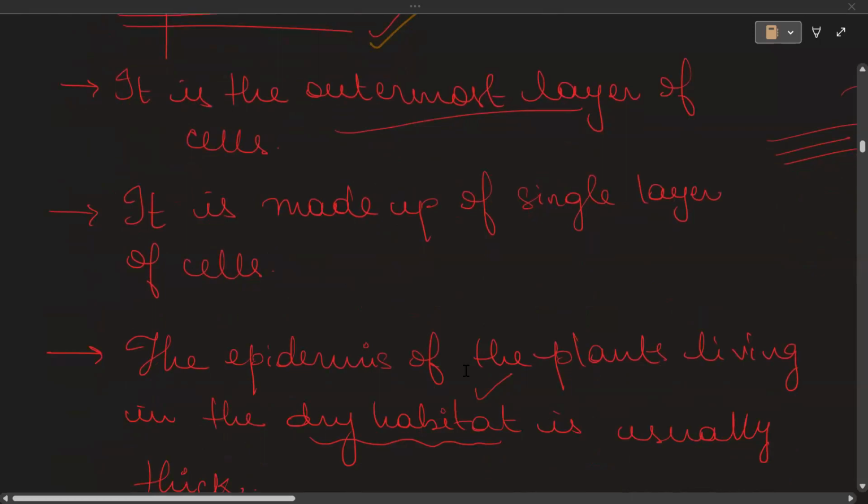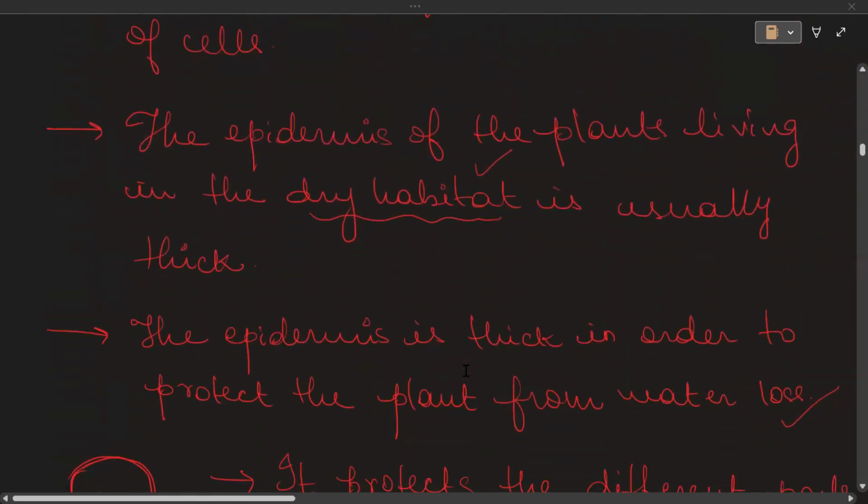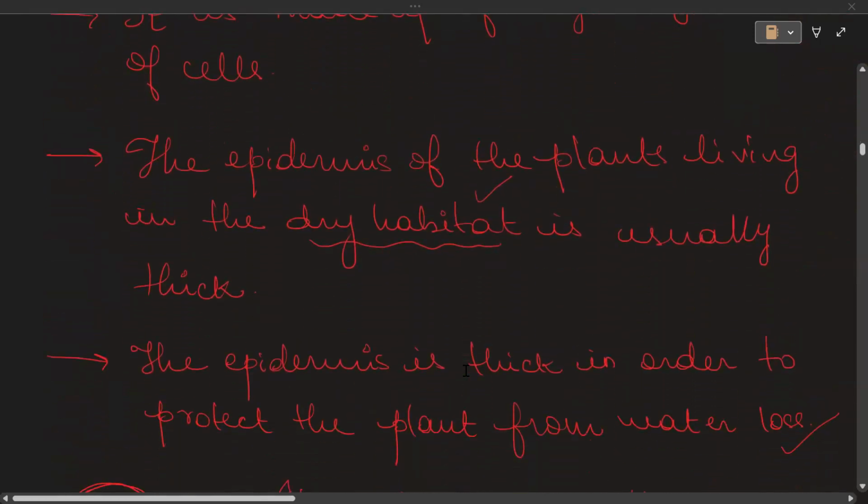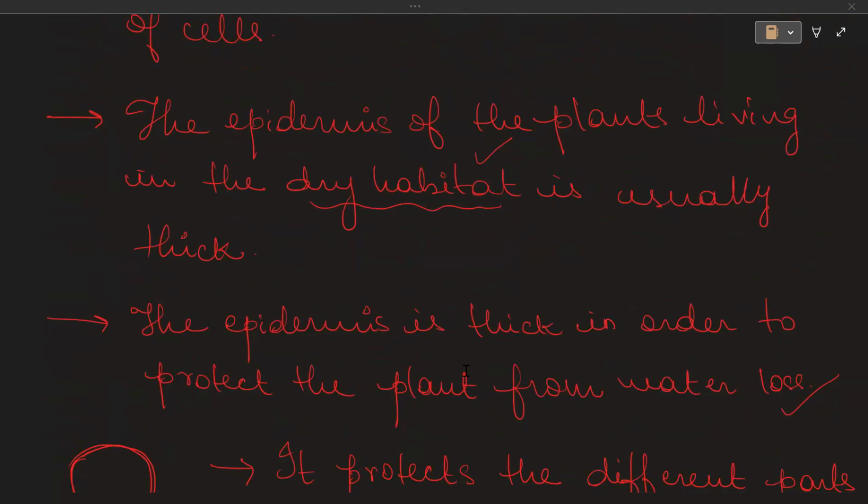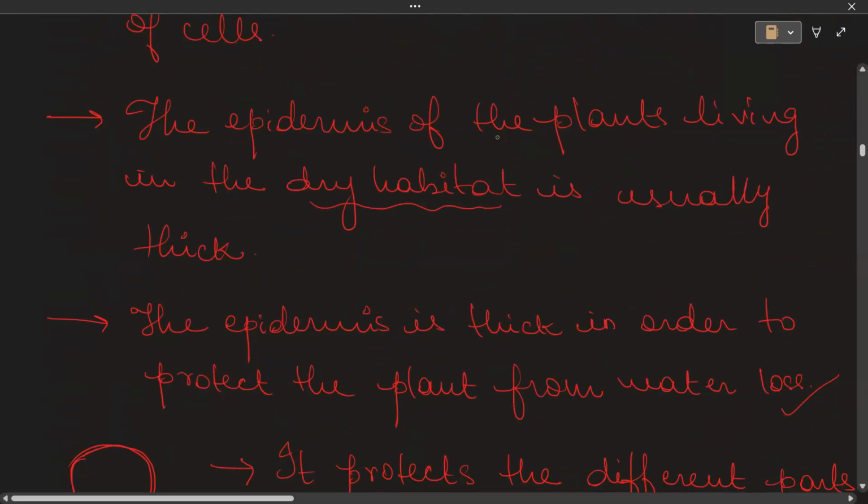And it is made up of a single layer of cells. Now, the epidermis of all those plants that live in a dry habitat, for example desert plants, is usually very thick. And why is it thick? It is thick first of all to protect the plant, and from what?